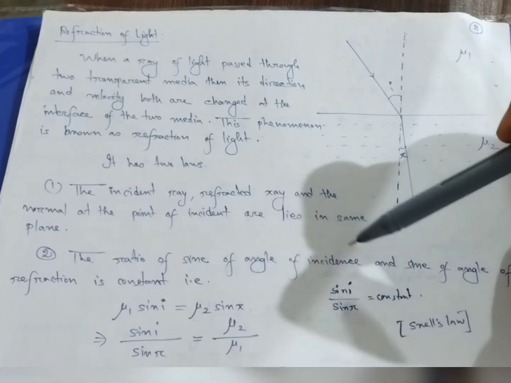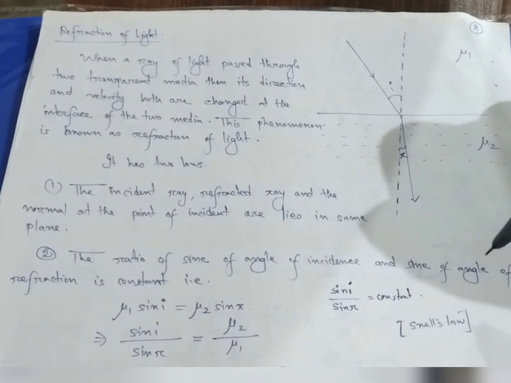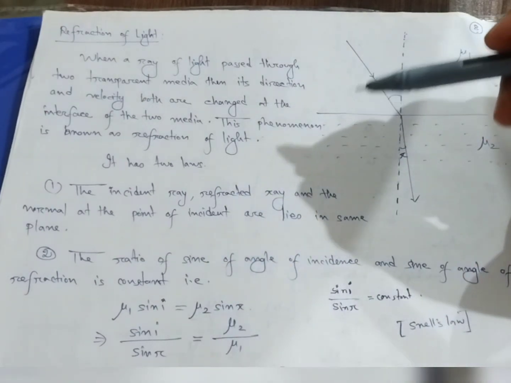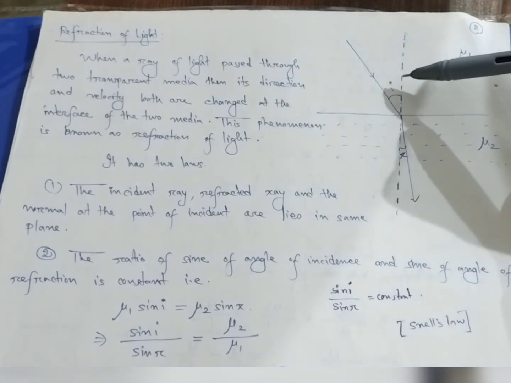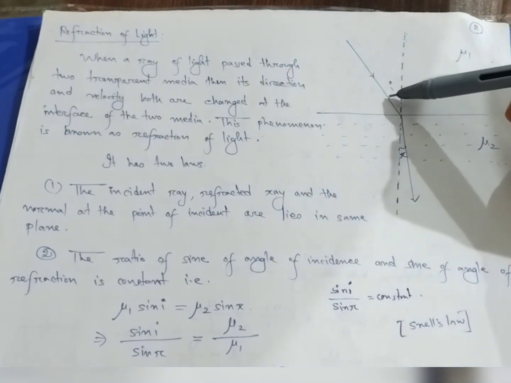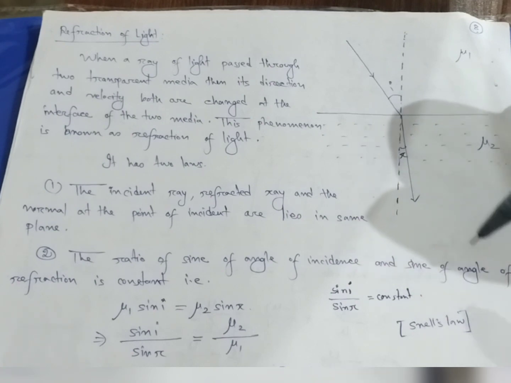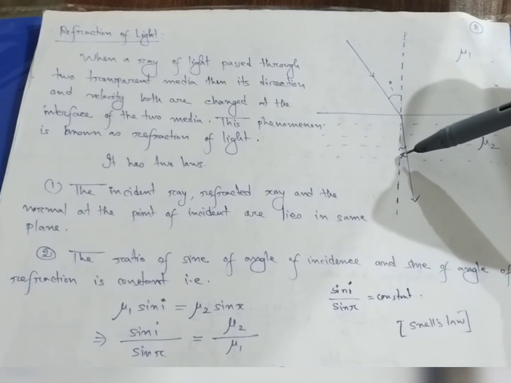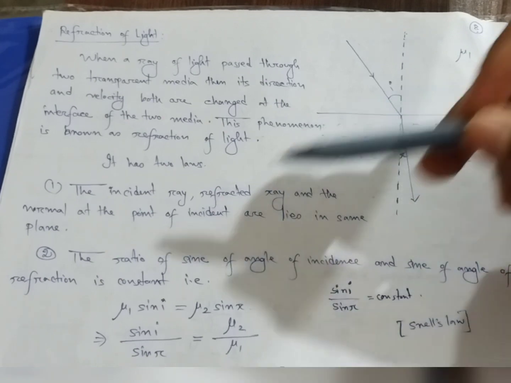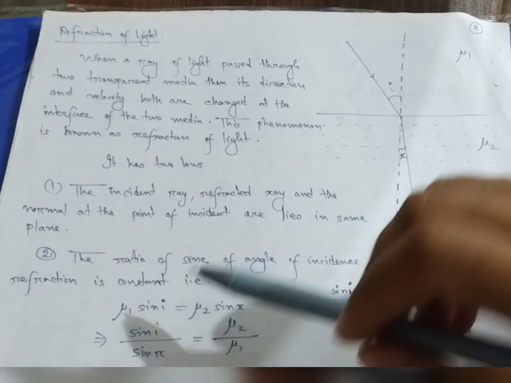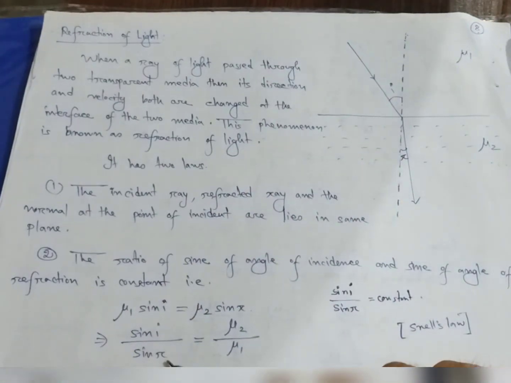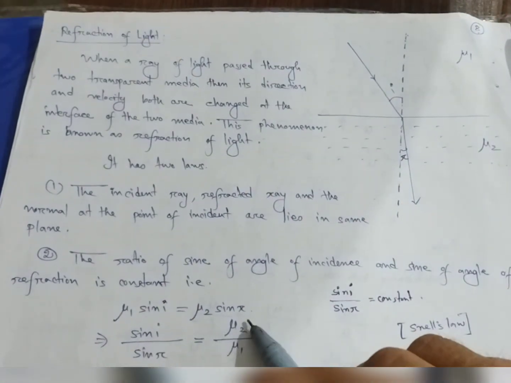The ratio of sine of angle of incidence and sine of angle of refraction is constant. The ratio of sine of angle of incidence, sin i, and sine of angle of refraction, sin r, is always constant. That is, mu1 sin i is equal to mu2 sin r, where sin i by sin r is equal to mu2 divided by mu1.